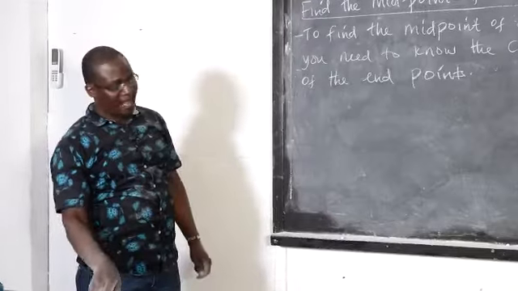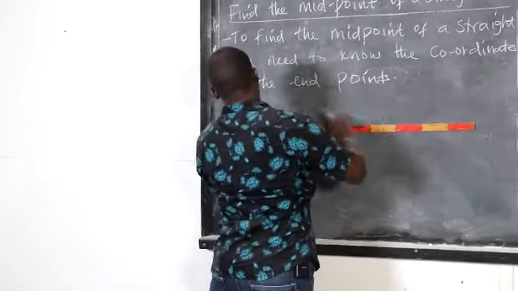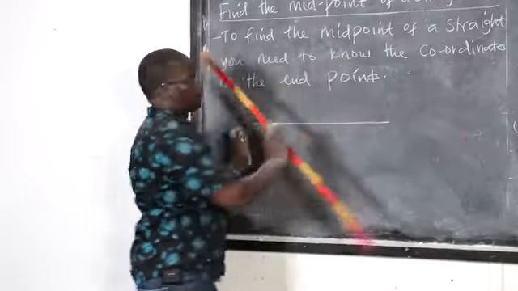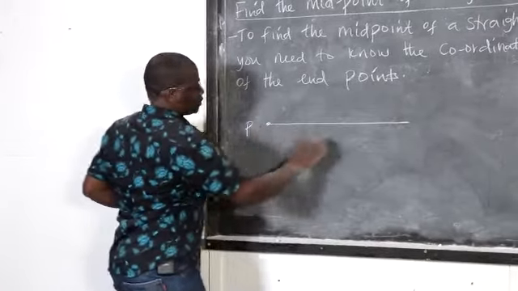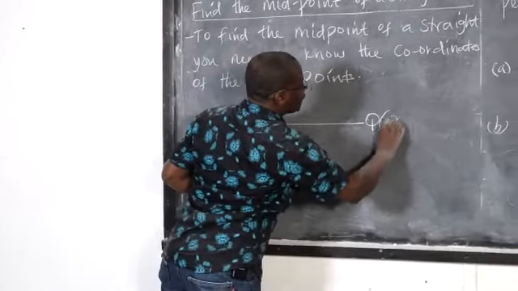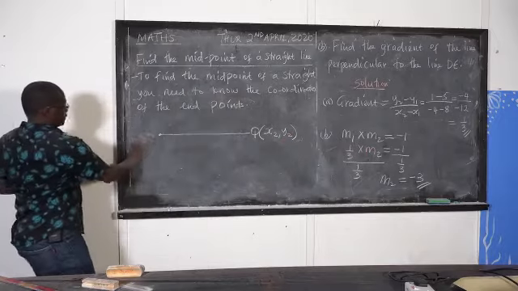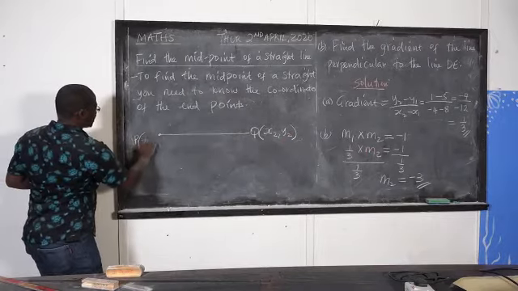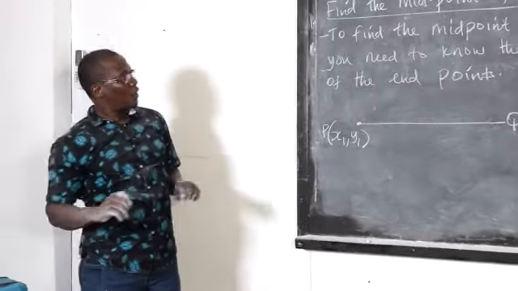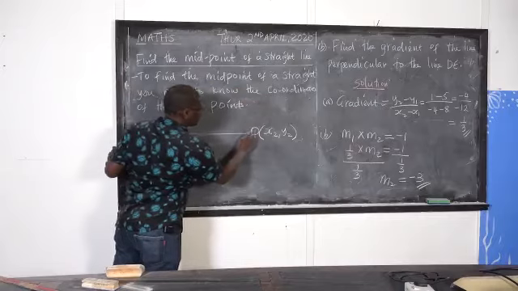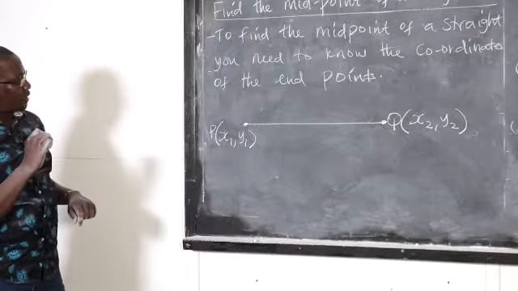Now suppose you have the line P, Q. The coordinates of Q is given as x subscript 2, y subscript 2, and P, x subscript 1, y subscript 1. So when I talk of the coordinates of the endpoints, this is what I'm talking about of any given line segment.